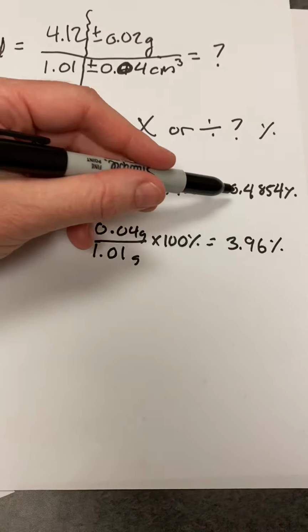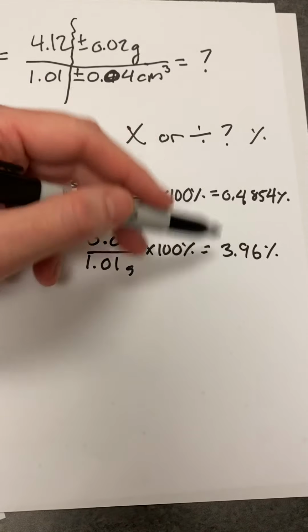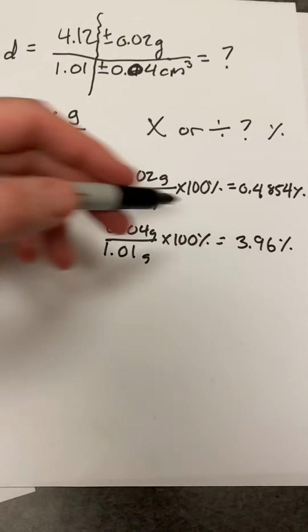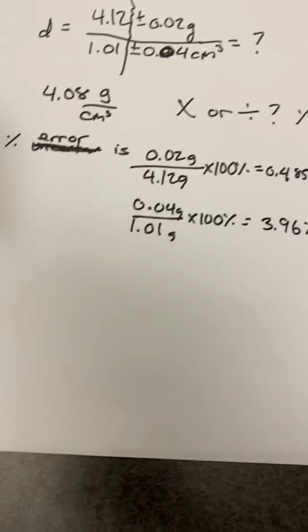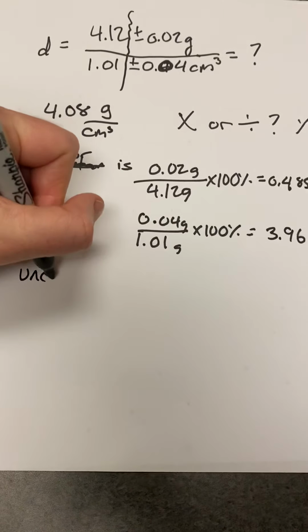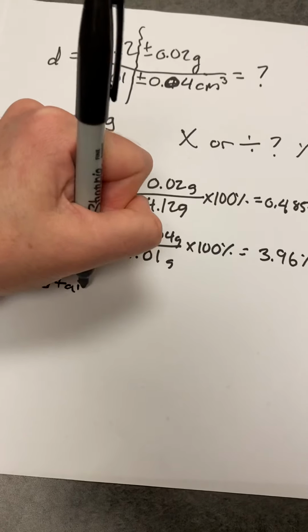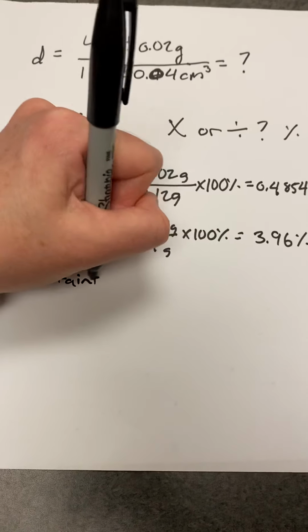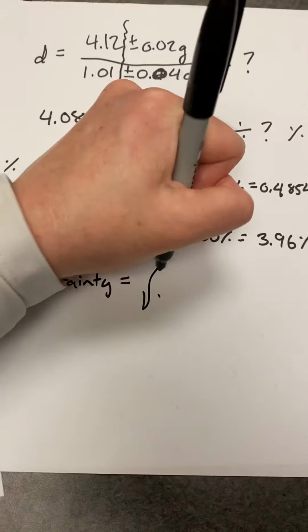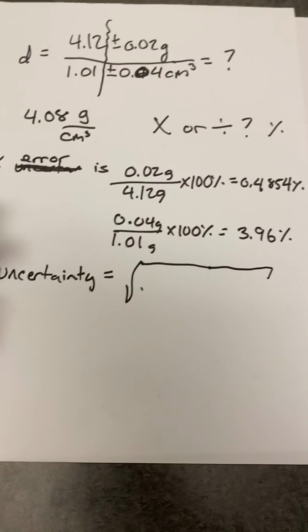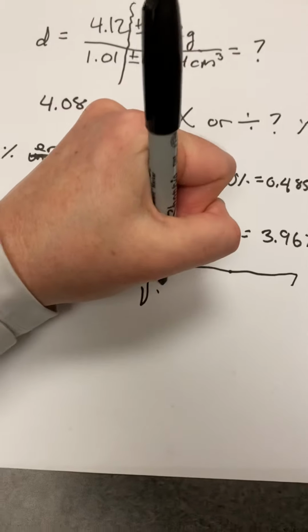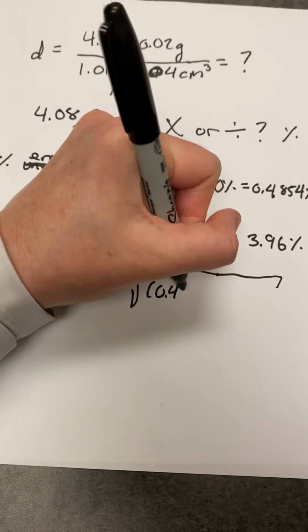Now I like to keep a couple extra sig figs. I don't want to round at all until I get to the very end. And so now I'm going to calculate the uncertainty. And that will simply be the square root of each of these percents squared and added together.